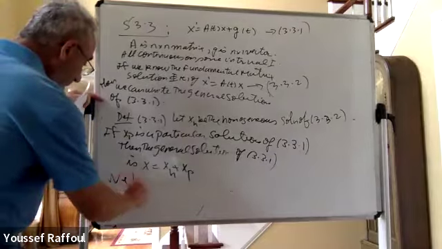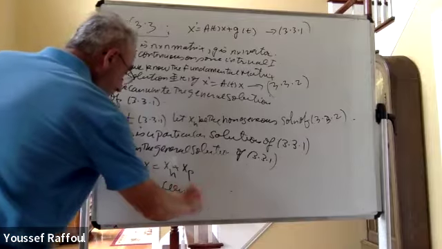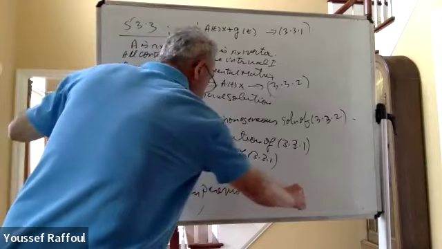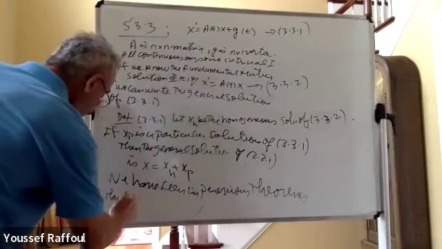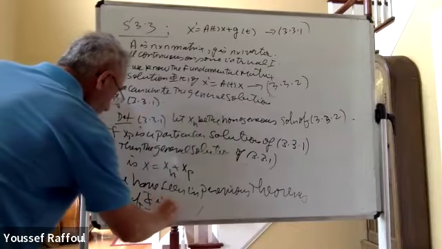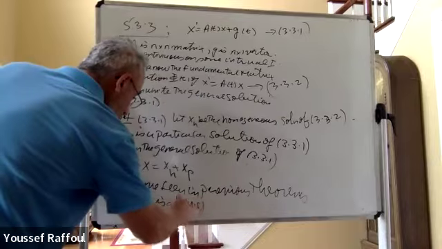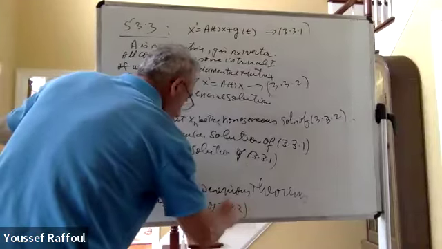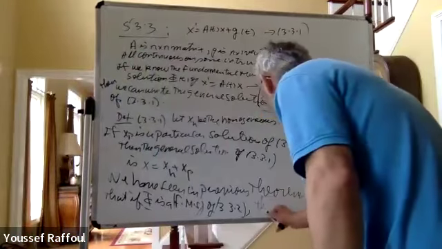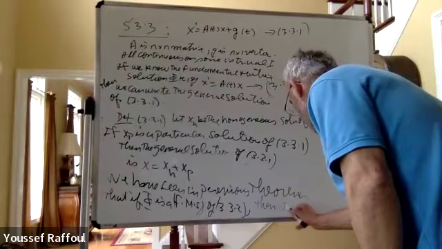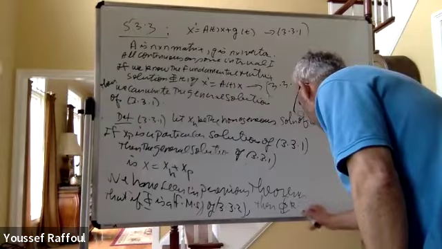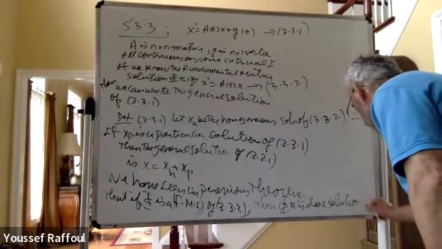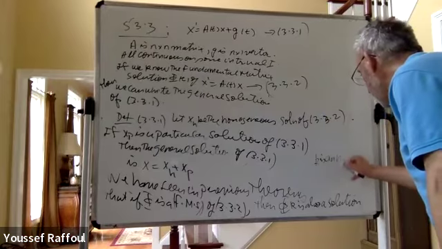Now, we have seen in the previous theorems that if phi is a fundamental matrix solution of 3.3.2, then phi k is also a solution, where k is an n by 1 vector.